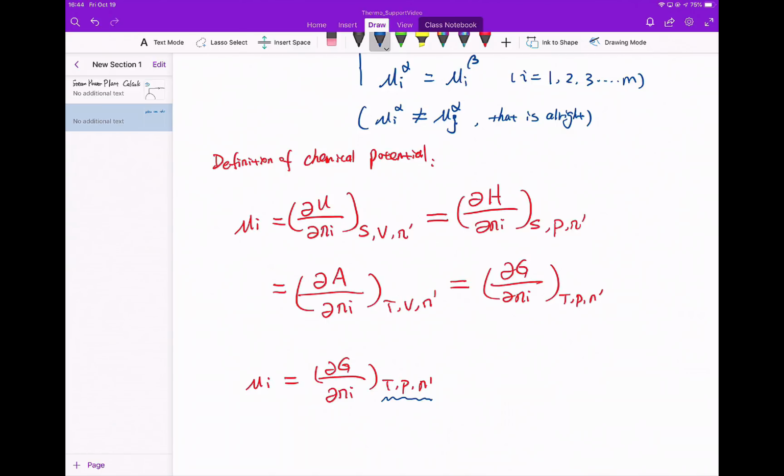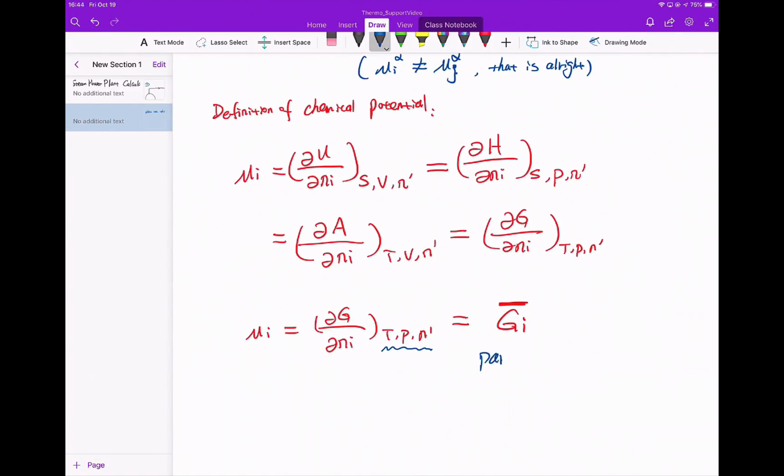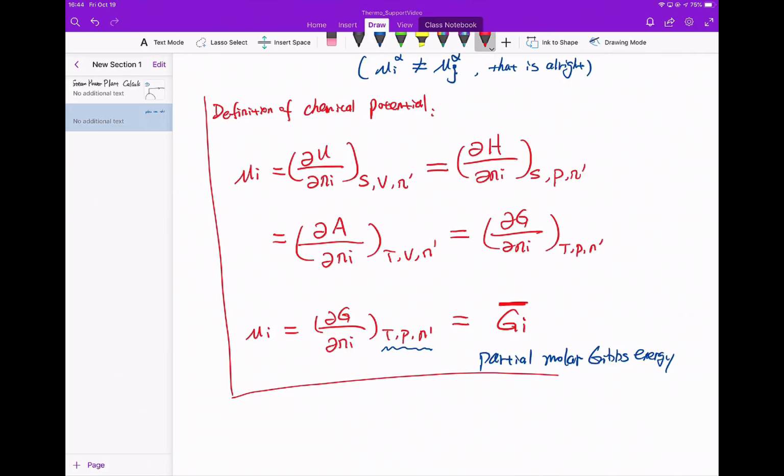So there we call this Gi partial. This is partial molar Gibbs energy. Okay? This is my definition of chemical potential.